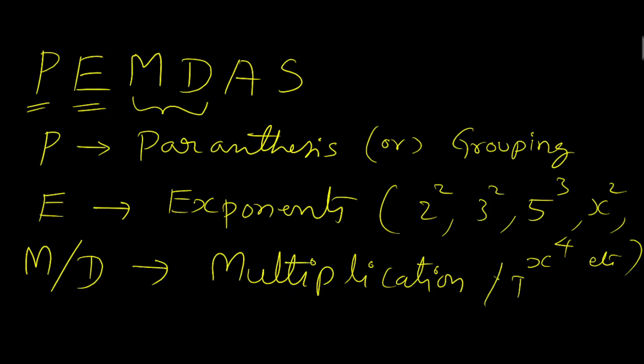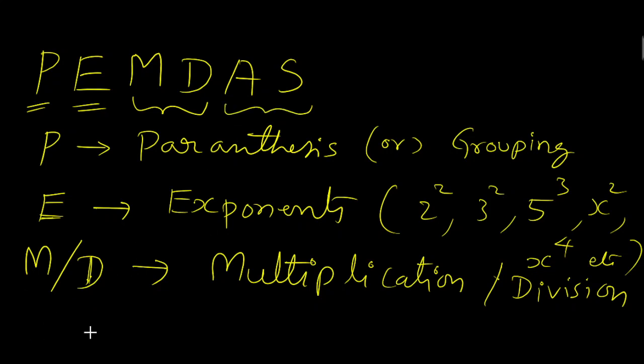When we check from left to right, whatever comes first, we evaluate first. If multiplication comes first, we will do multiplication first. If division comes first, we will do division first. That is what MD means.